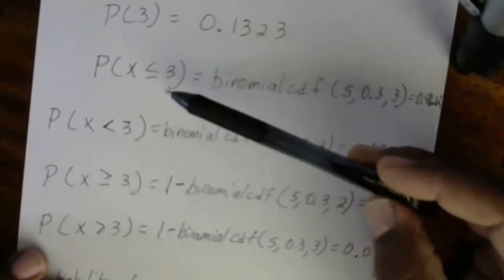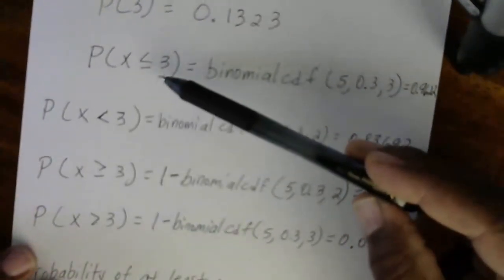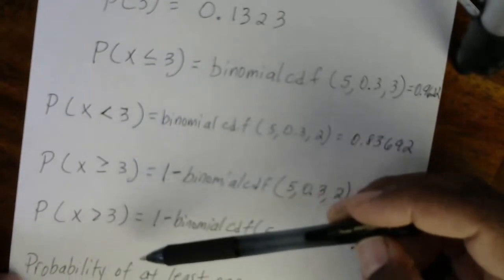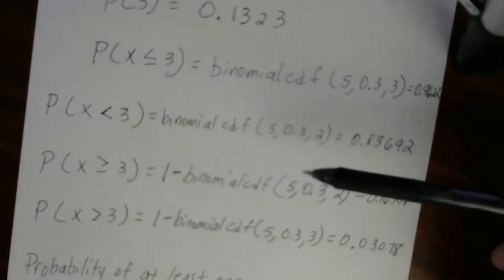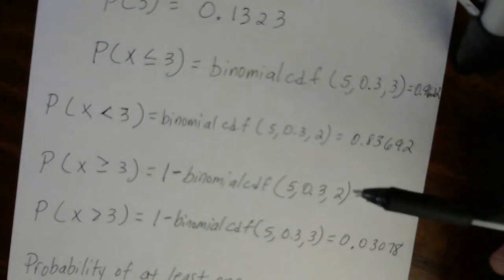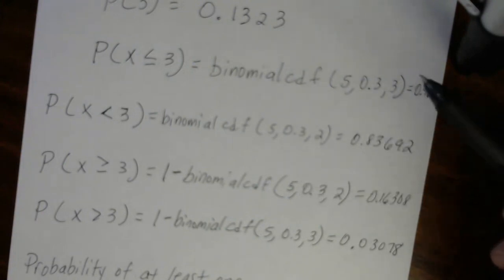When you're asked to find probabilities that use inequalities, you must use the CDF. And you must keep in mind that the CDF is the cumulative distribution function, and it gives you the probability for a particular x value down to 0. Okay.